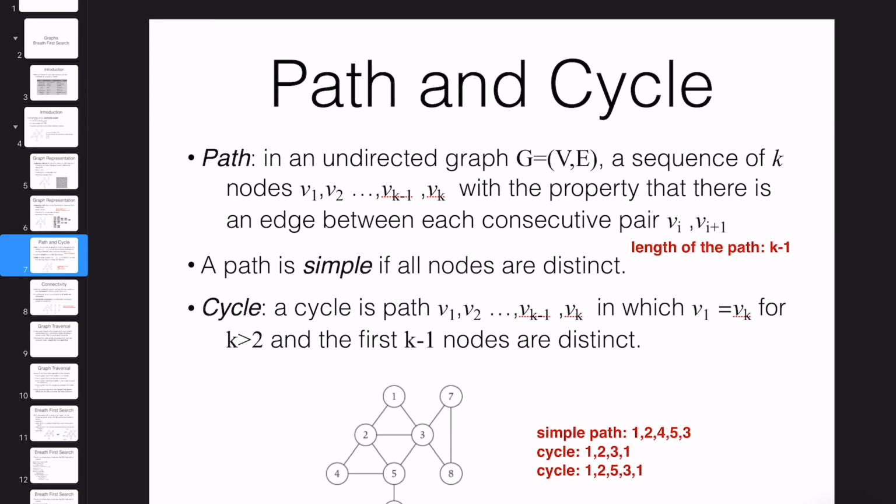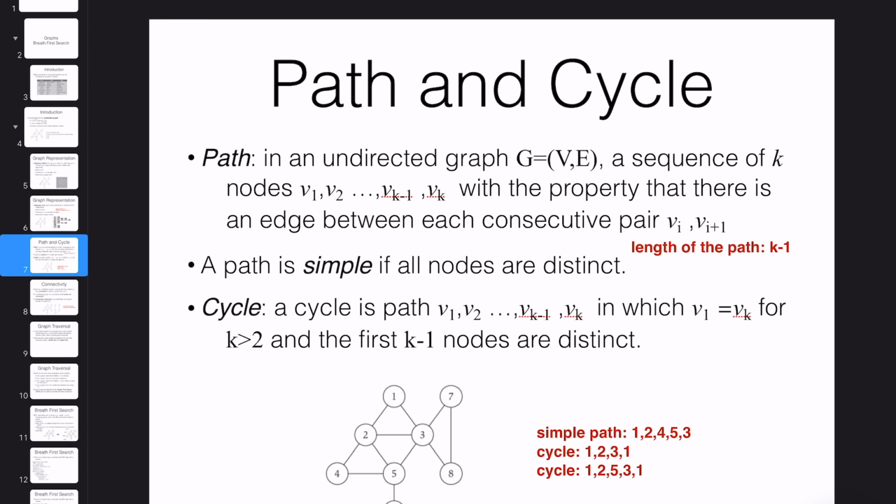So let me actually define a couple more notions that we refer to a lot in graph algorithms. The first definition is path. We will define a path in an undirected graph G to be a sequence of k nodes, v1, v2 to vk, with the property that there is an edge between every pair vi and vi plus 1.